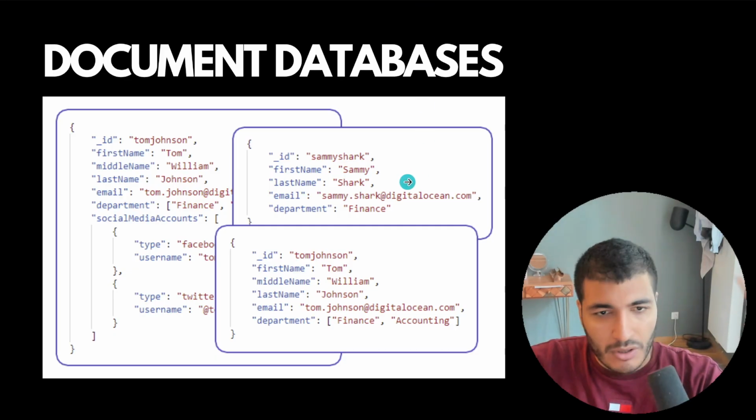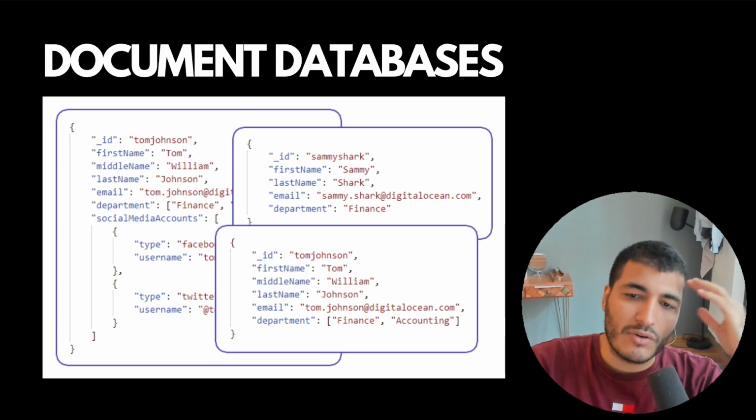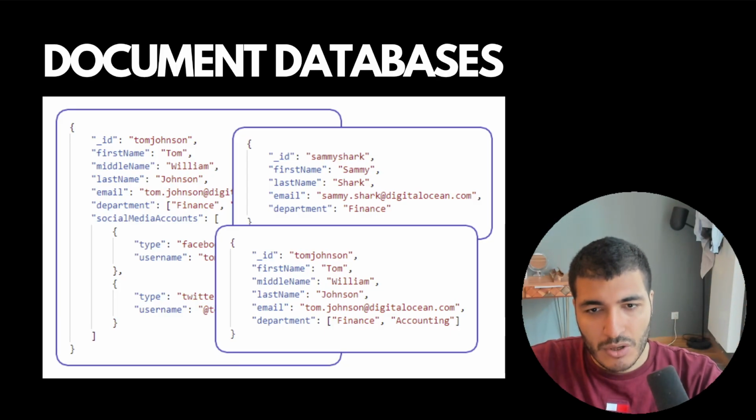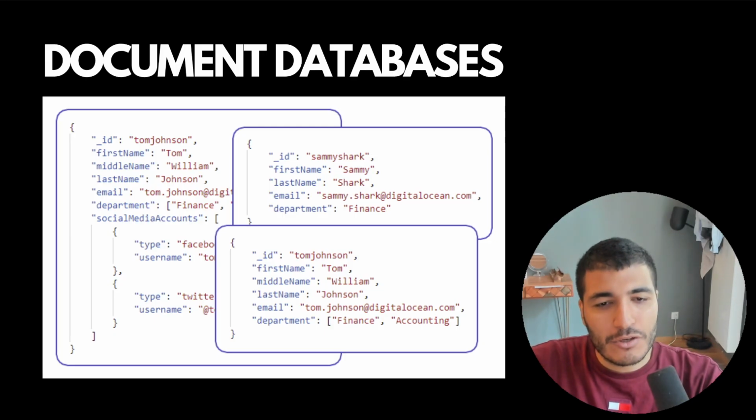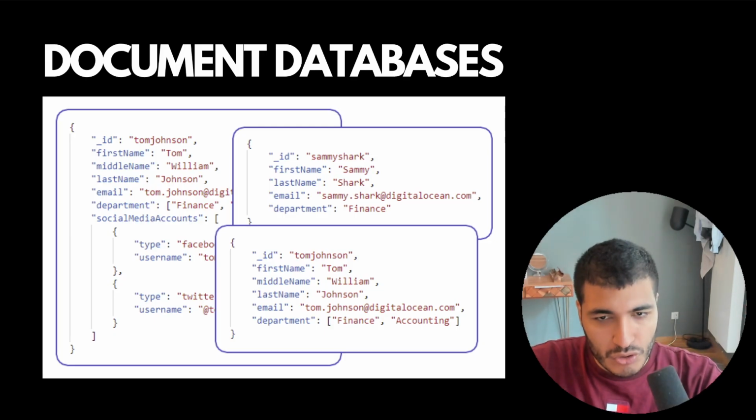For use cases, they are heavily used in e-commerce platforms like storing product catalogs with diverse and varying attributes, handling user reviews with different structures, and managing flexible inventory.